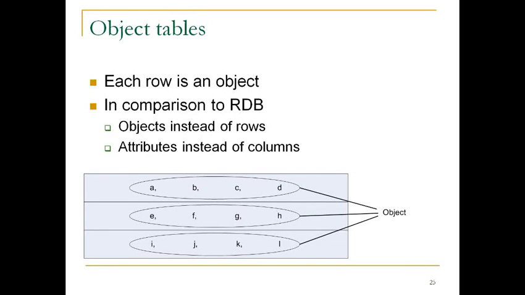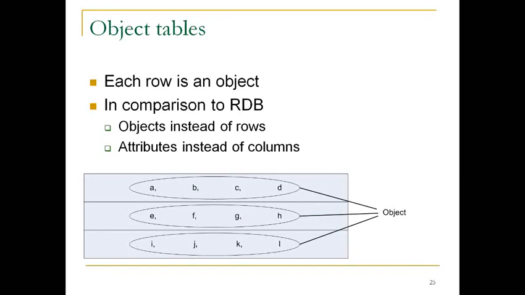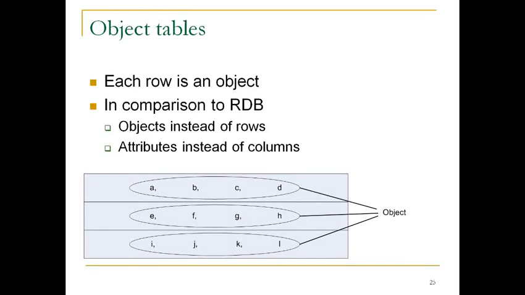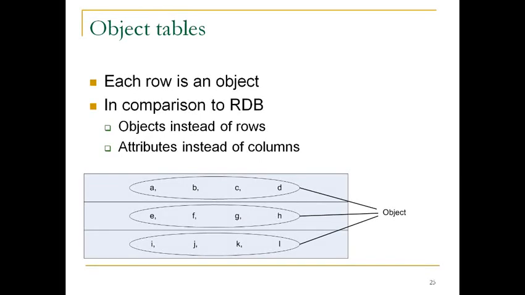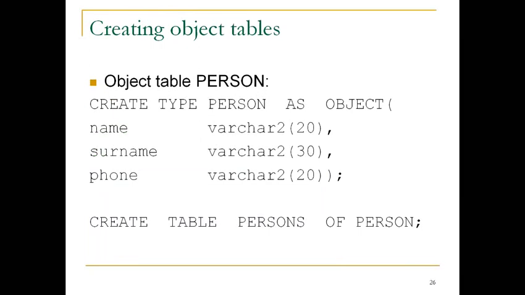Now the whole row is an object. But now, instead of columns, we have the attributes of the object. So we can draw a very similar picture to the traditional relational table, if the whole row is an object. One of the big differences is that each of these values also can be objects containing different values. And we'll look at such options a bit later.